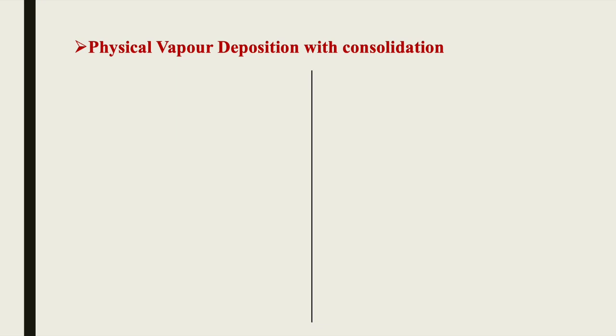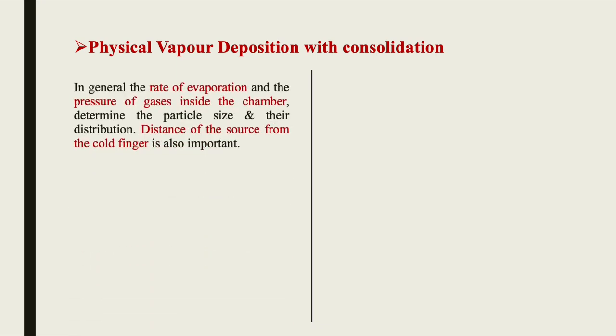Now we will see what points we have to take into account to synthesize a uniform nanomaterial. In general, the rate of evaporation and the pressure of the gas inside the chamber determine the particle size and its distribution. The distance of the source from the cold finger is also important.